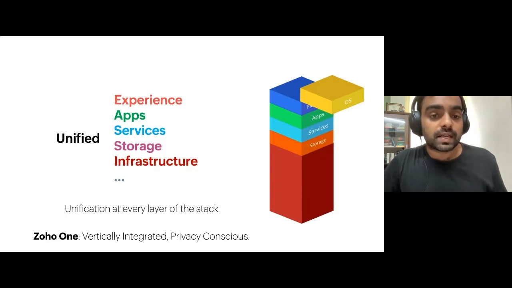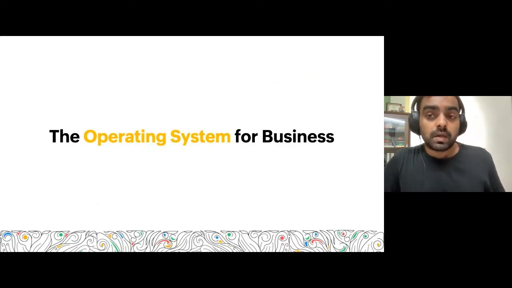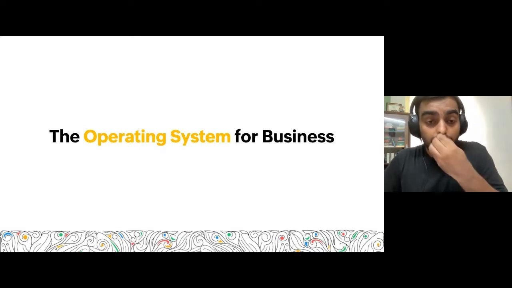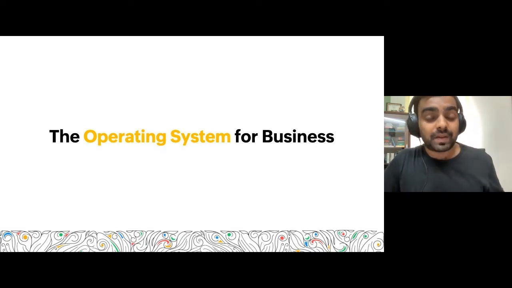For that we call this an operating system for the business, because it's not just bringing an application or an infrastructure together, but applications that could span across departments. In a typical organization, you would have sales, marketing, finance, HR, IT. All these are different departments that are there in an organization.